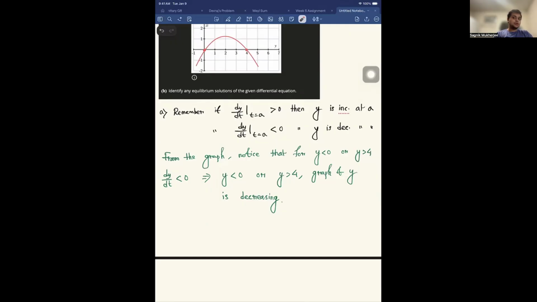If the value of y at some point is negative, you can immediately claim that this function is going to be decreasing. Starting from 0, if you keep going on the negative side, the graph will go down, and starting from 4, if you go more than 4, then the graph will keep decreasing.